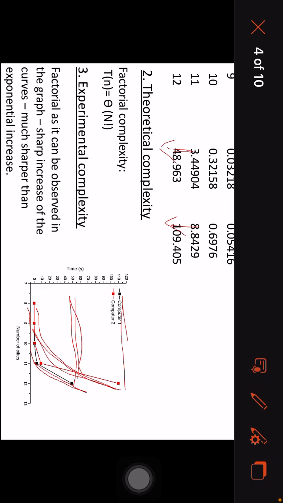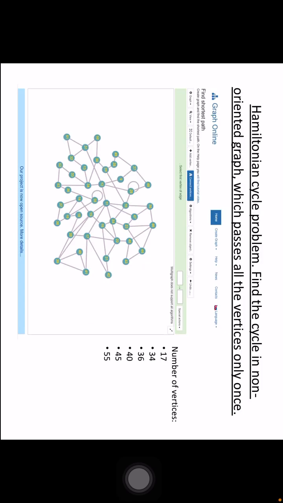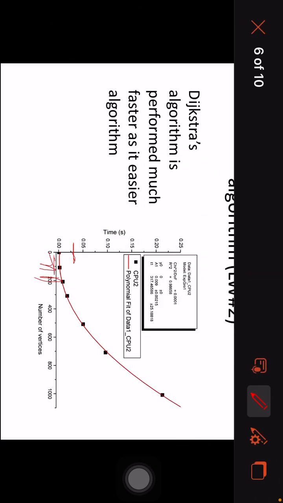And here, for let's say 100 cities, the time was less than 0.025 seconds. So you see how much faster the Dijkstra algorithm performed, because the algorithm is easier.